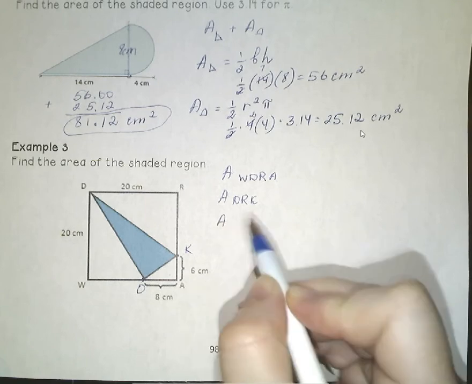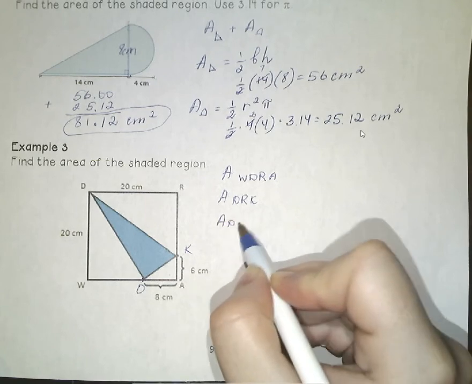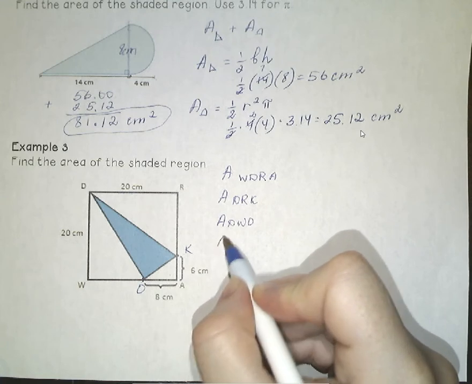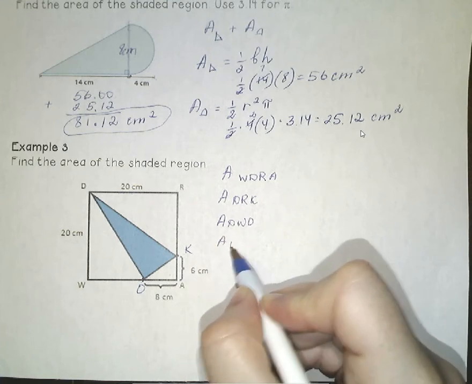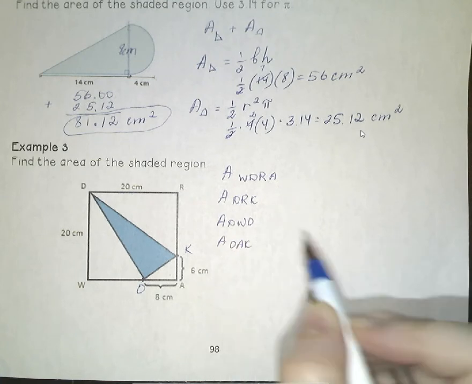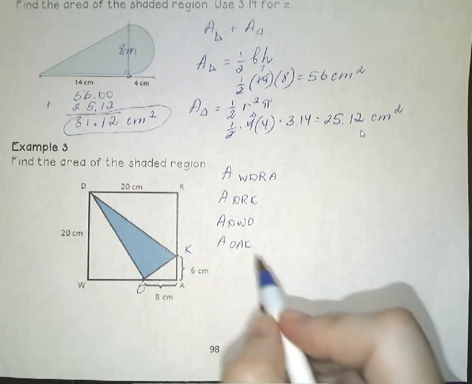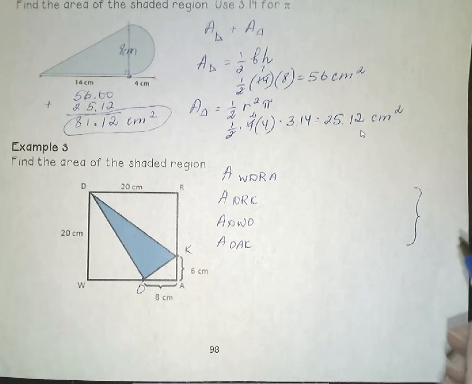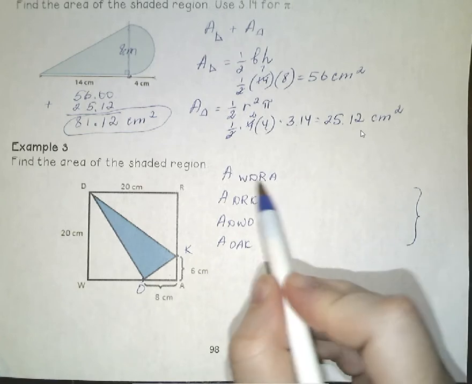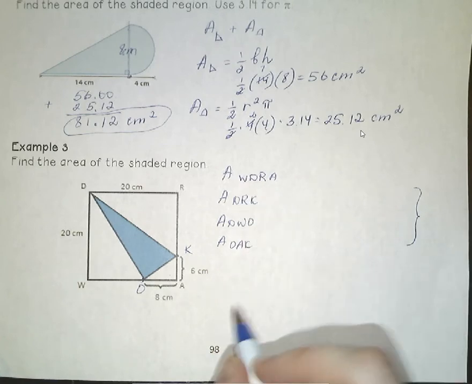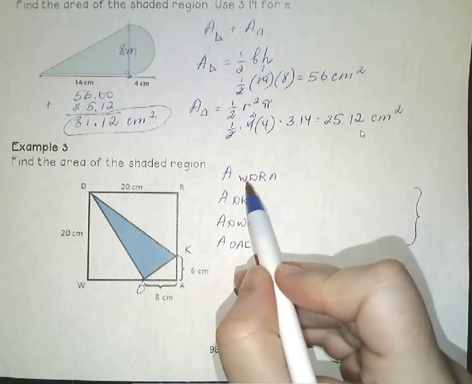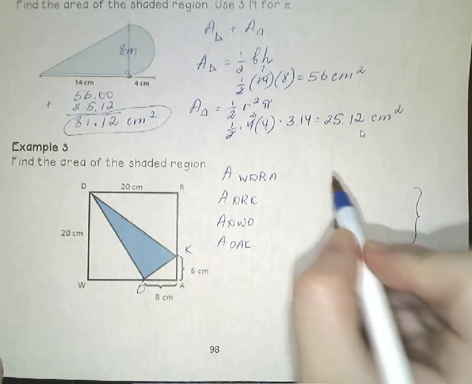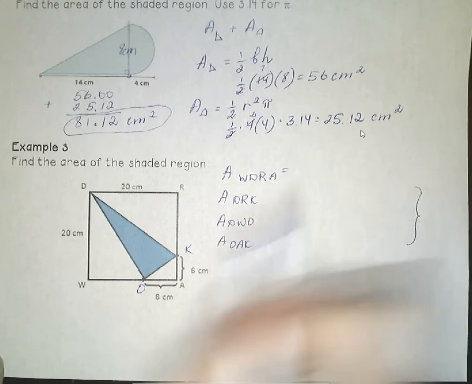We need to find the area of the triangle DWO, and we want to find the area of the triangle OAK. Then we'll want to combine these 3 areas together, okay, and subtract them from the area of the square WDRA. So let's go ahead and start.